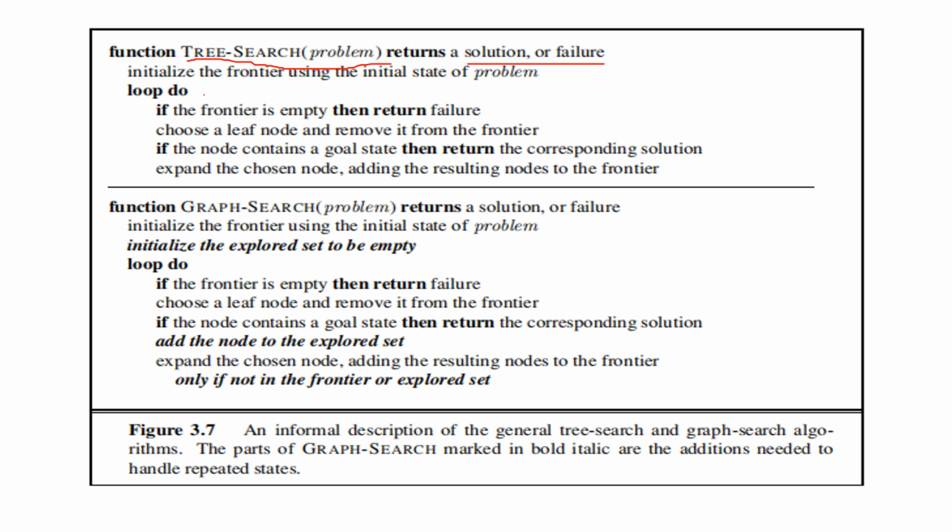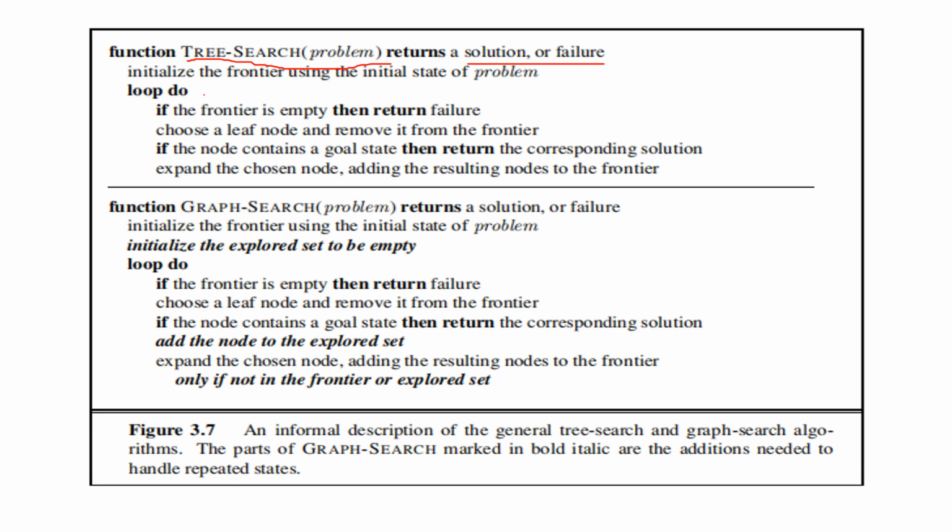How we choose the next node depends on the algorithm. For DFS, the deepest node will be selected, and for BFS, the shallowest node will be taken. If the node contains a goal state, then return the solution.